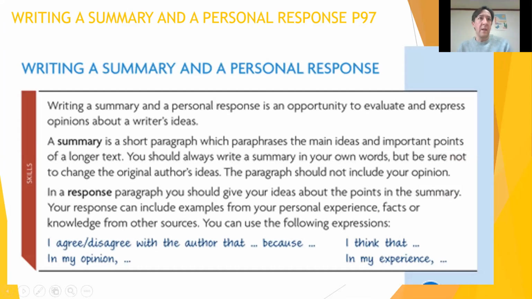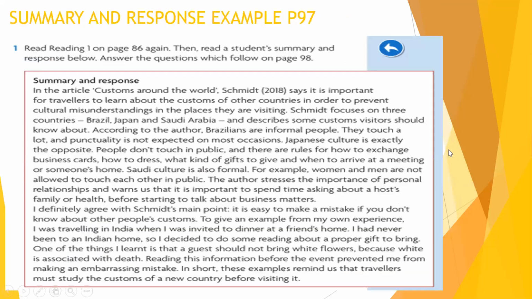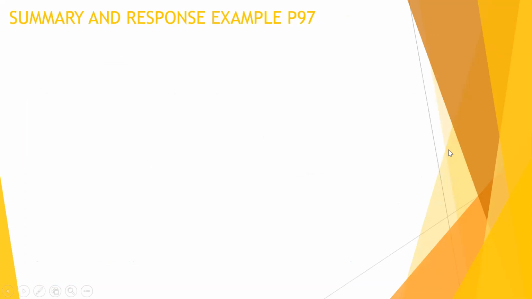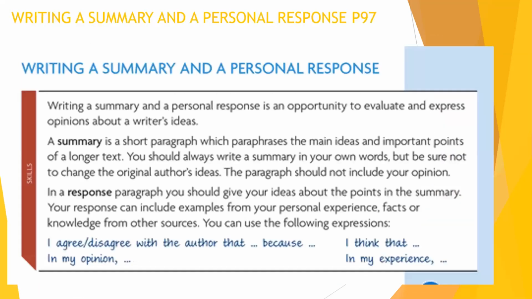Writing a summary and a personal response is an opportunity to evaluate and express opinions about a writer's ideas. A summary is a short paragraph which paraphrases the main ideas and important points of a longer text.